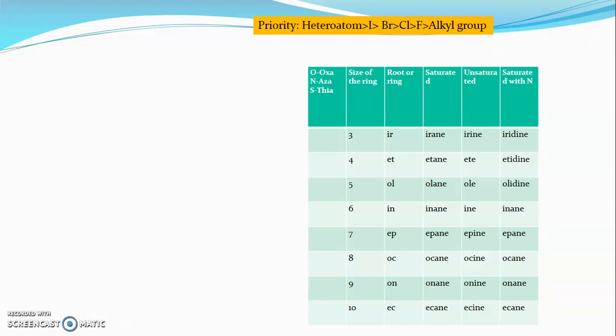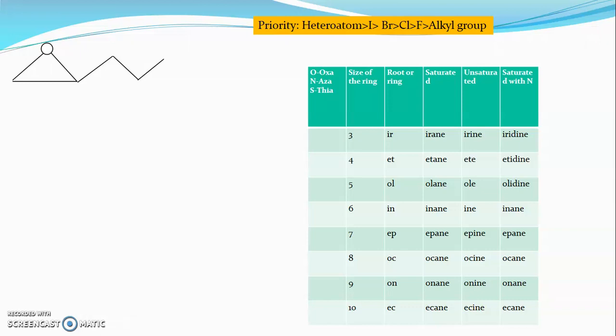In any substituted compound like this, you always have to give the priority to the heteroatom. Heteroatom means oxygen, nitrogen, sulfur, as I discussed before. Then after that halogens, and later on alkyl groups. In halogens also, iodine, bromine, chlorine and fluorine is the priority order.